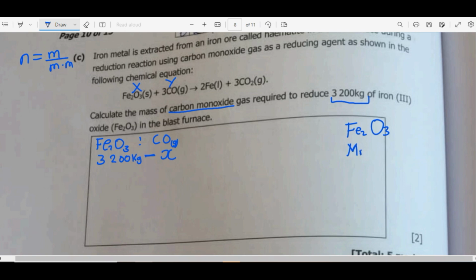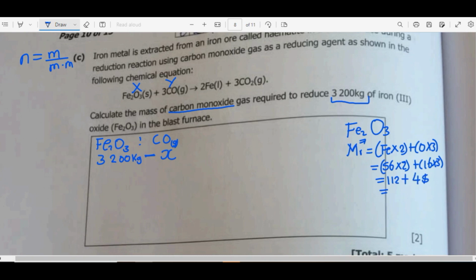So say Mr: iron times the number of atoms of iron, which is 2, plus oxygen times 3. If you go on the periodic table, iron has the mass number of 56, times 2, plus 16 times 3. 56 times 2 is 112. 16 times 3 will give us 48.